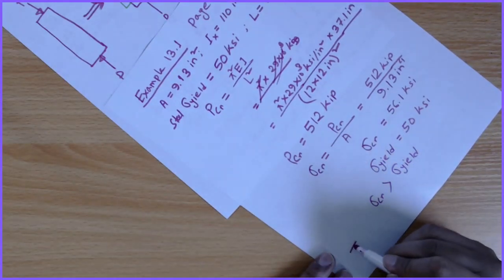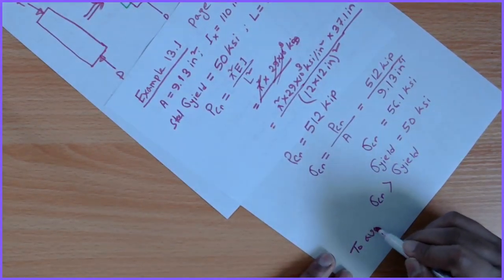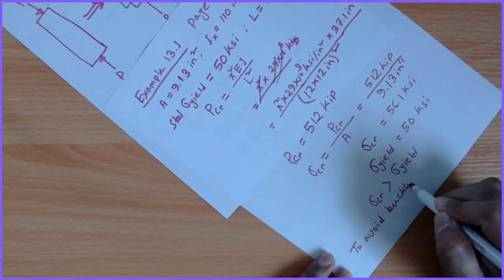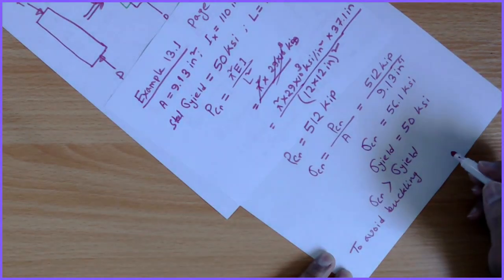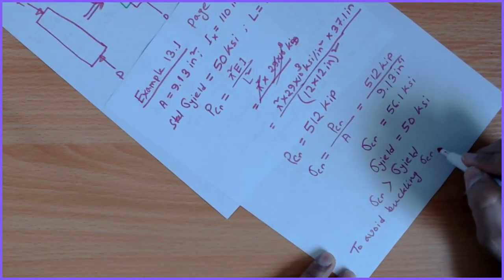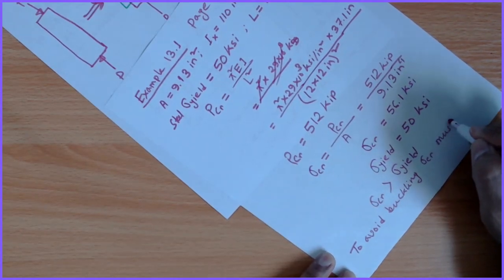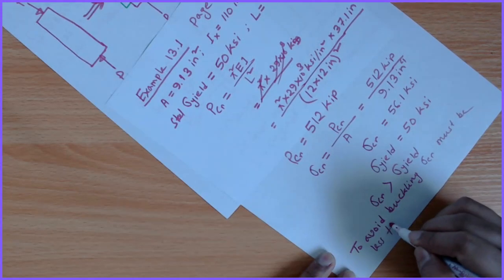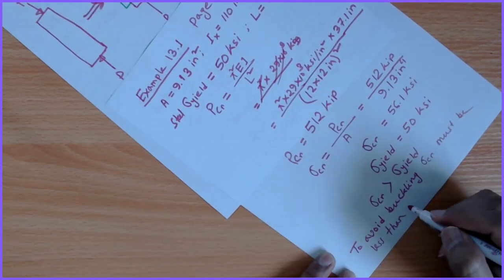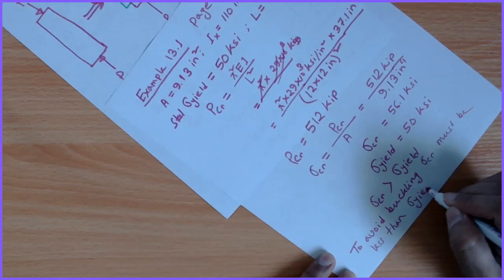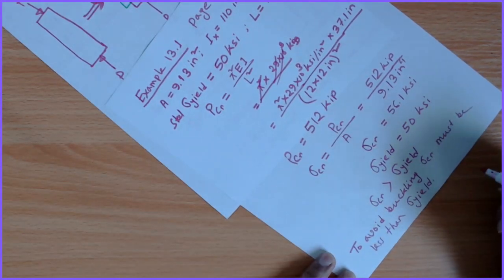To avoid buckling, your sigma critical must be less than sigma yield.